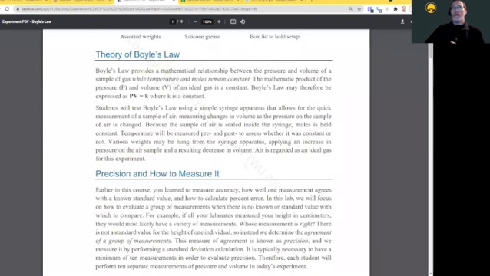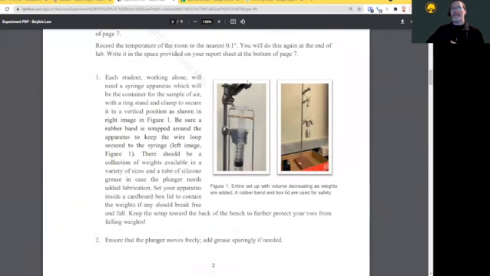The way that we're going to test it is using a device like this, which is just a simple syringe set to a given value. In this case, we start it with a value of 5 milliliters. And essentially what we're doing here is we're hanging weights from it to further compress that gas inside the syringe.